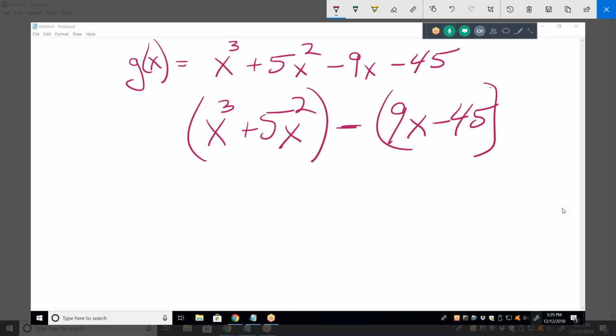Now check that and see if it's exactly the same. It's not. Yeah, because if you multiply the right side, the negative sign has to distribute to both terms. So that would end up being plus 45. So what do I have to do? I have to do plus 45.